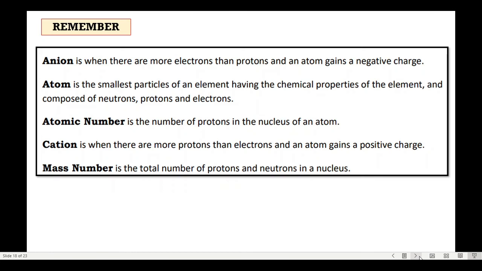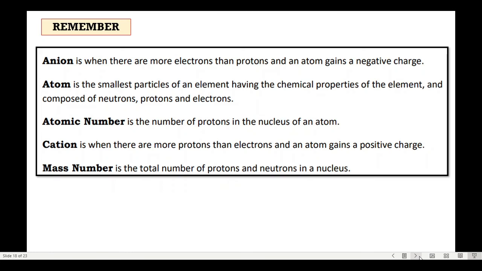Hindi siya He. Kasi ang He ay 2. 2 He helium. Therefore, 2 ang atomic number kasi 2 ang proton. And it defines what kind of element it is. Changing the number of protons means you change the element itself. So, mag-iiba na din dapat yung atomic number niya. Okay? So, very unique ang lahat ng elements in the periodic table.